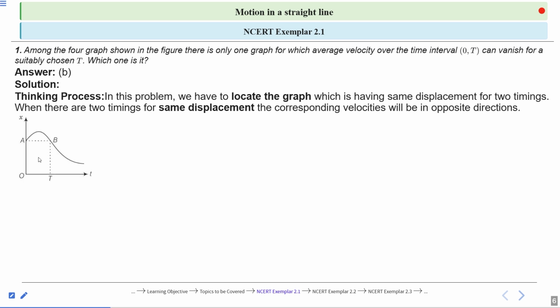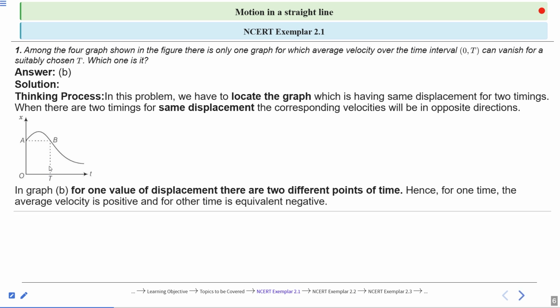Look at the figure. On the x-axis is time and on the y-axis is displacement. So point A and point B show the same displacement, but the time is different. At point A, the time is 0. At point B, the time interval is t.